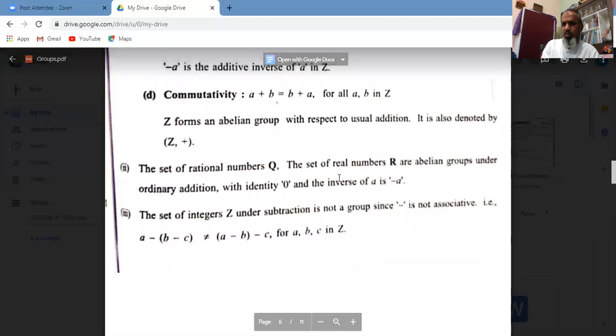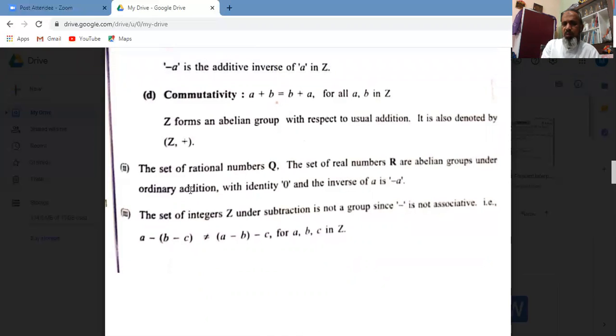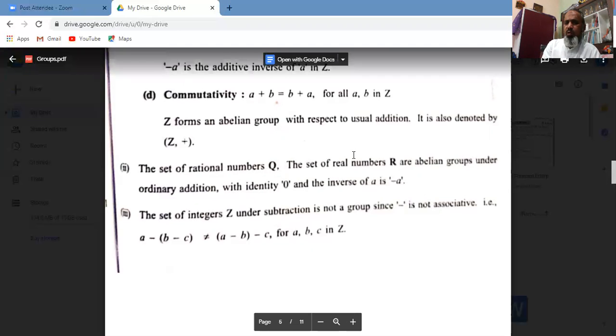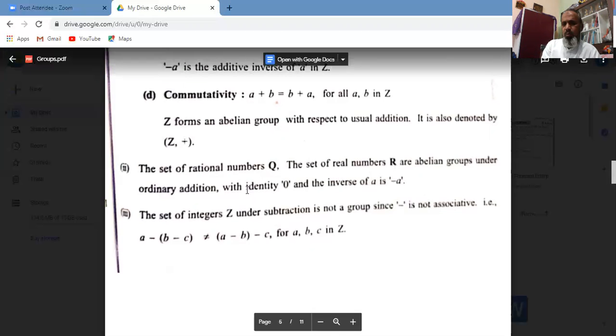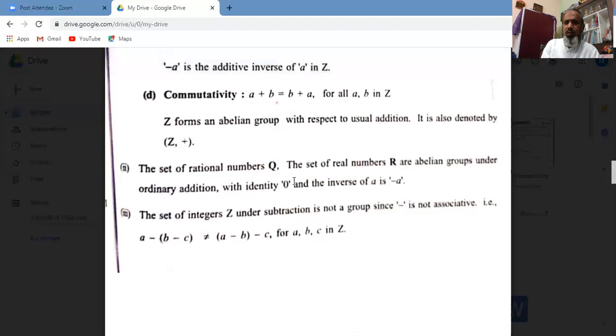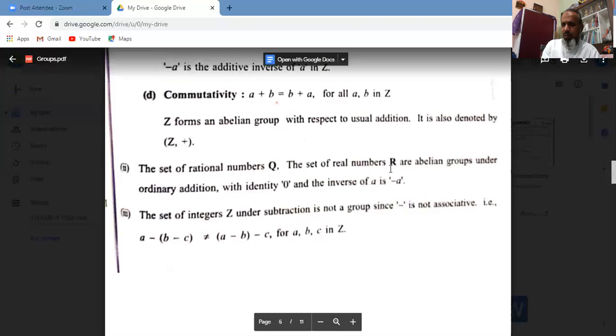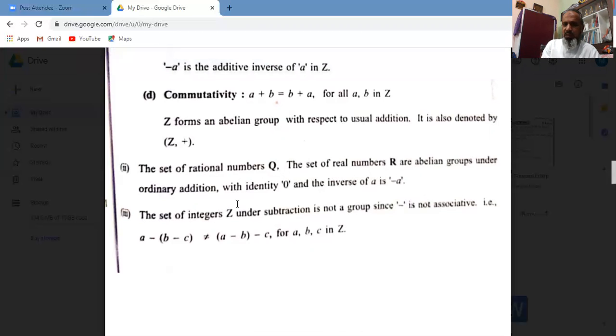And 0 belongs to Q, 0 belongs to R. So 0 is the identity element in the set of rational numbers and the set of real numbers. And for every element A belongs to Q or A belongs to R, minus A also belongs to Q and minus A belongs to R. So the inverse of element A is minus A. So it satisfies closure, associative, identity, and inverse. So the set of rational numbers and the set of real numbers with respect to addition as a binary operation form a group.